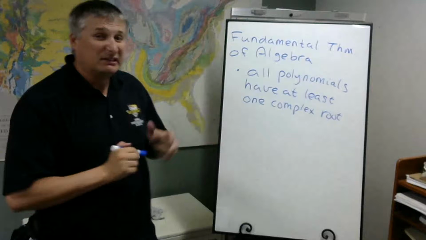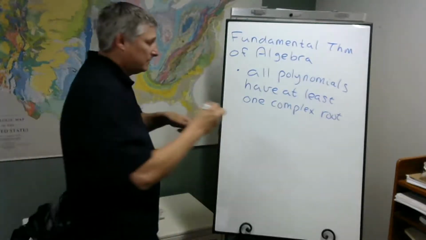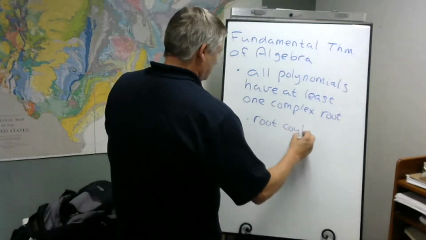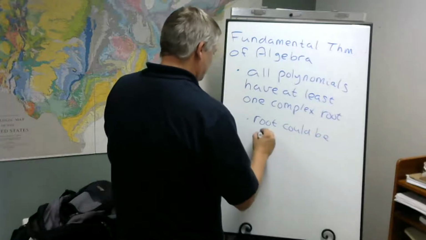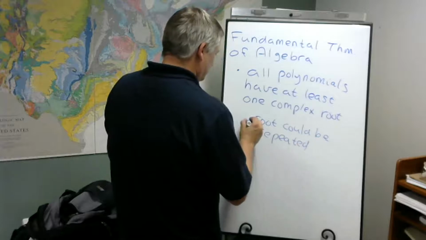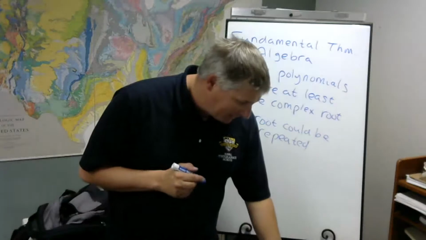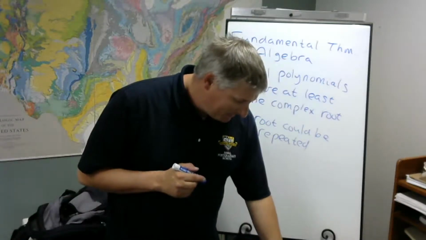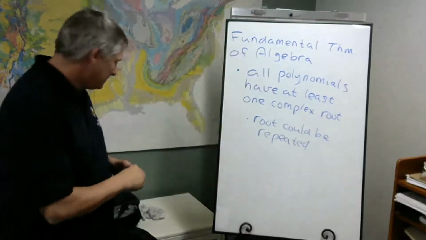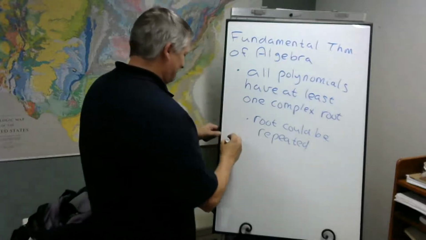All polynomials have at least one complex root. Now, this root could be repeated. So that is a possibility. Now, let's see. Now, something to mention, and there's a little caveat to this.